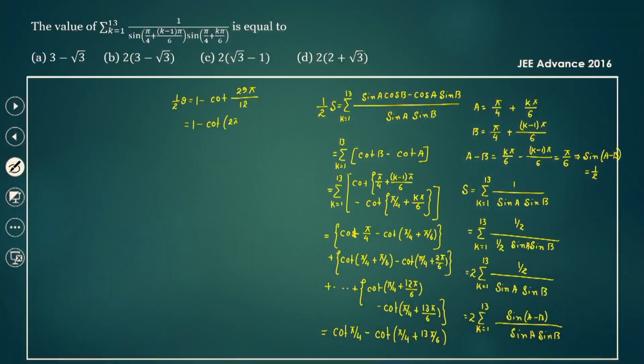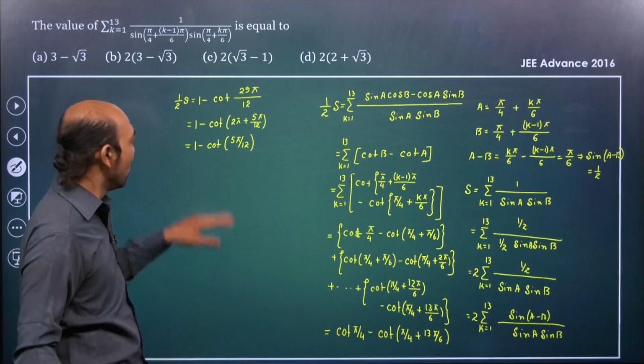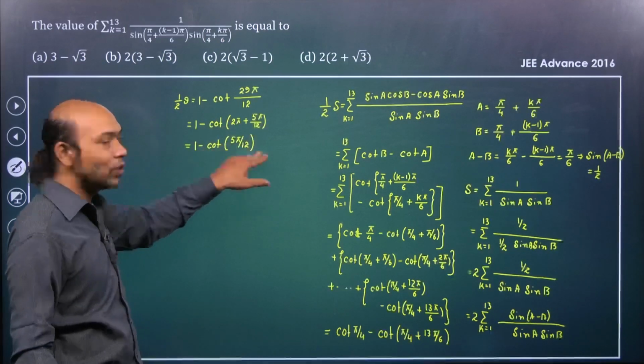See that, 2 pi plus 5 pi by 12. So that gives me 1 minus cot of 5 pi by 12. Because 2 pi plus theta is always in the first quadrant, and in the first quadrant every value is positive. So cot of 2 pi plus theta is actually cot theta.